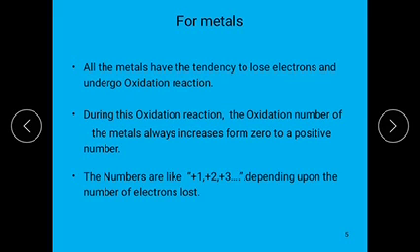All metals have a tendency to lose electrons and undergo the oxidation reaction. During the oxidation reaction, the oxidation number of the metal always increases from 0 to a positive charge. The numbers like plus 1, plus 2, plus 3 depend on the number of electrons lost.